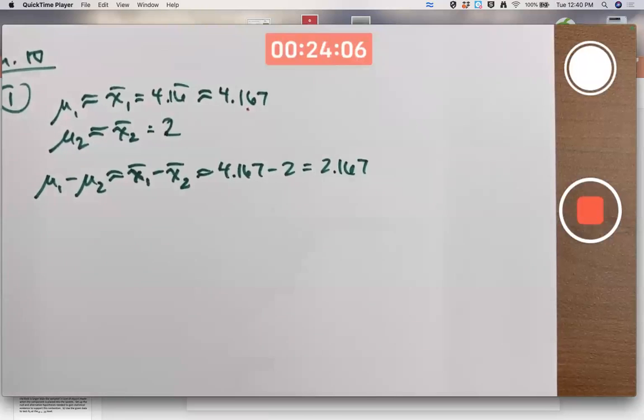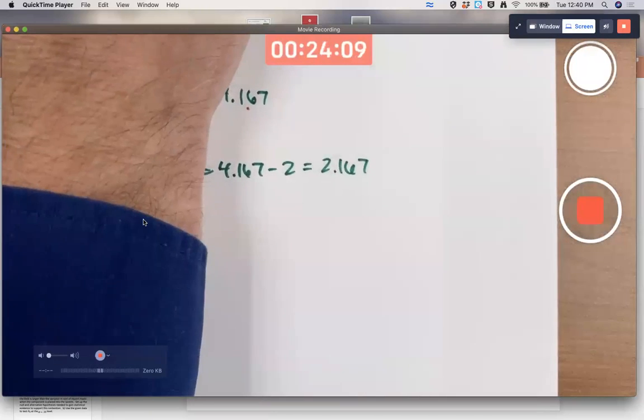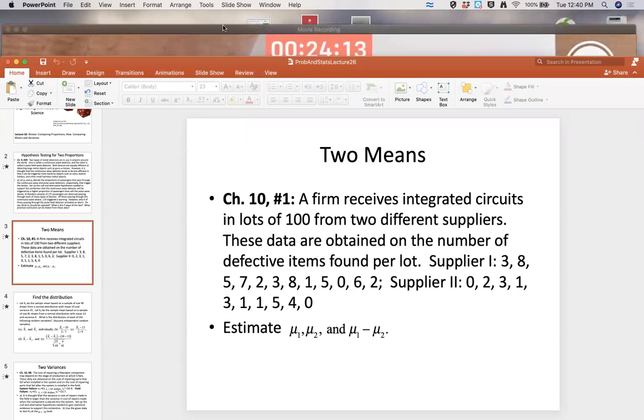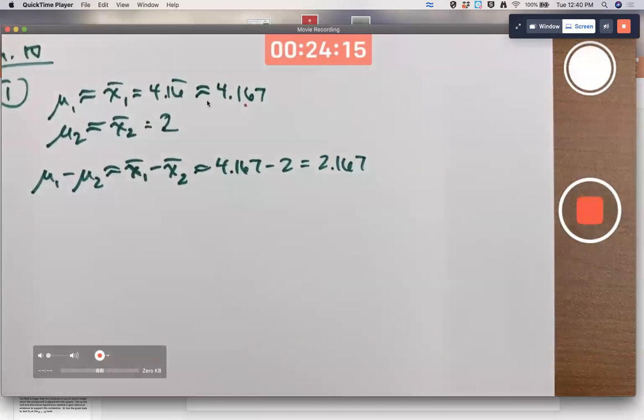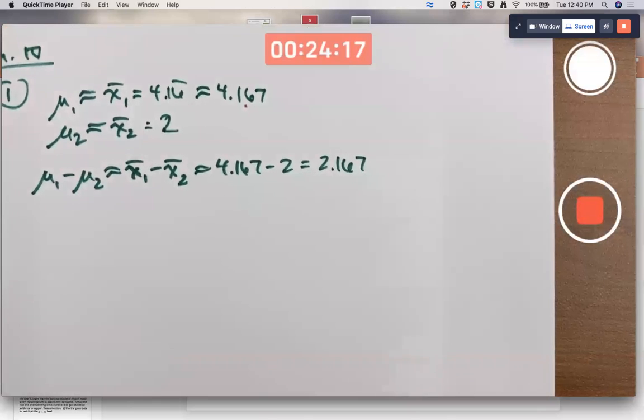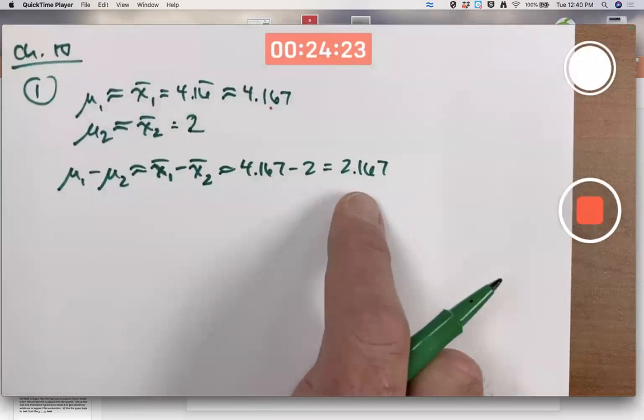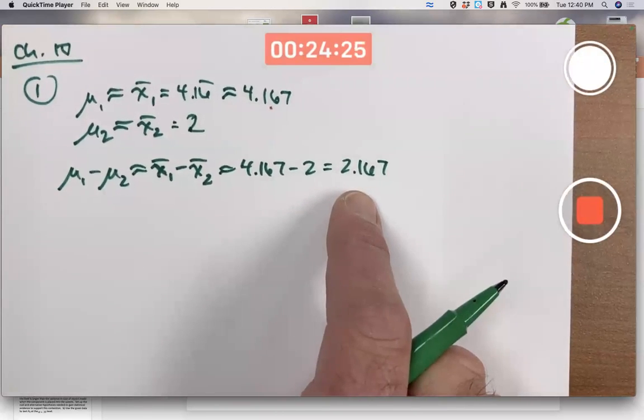I could try to compute a confidence interval. That's not asked for in this problem. A confidence interval for mu1 minus mu2. And if that confidence interval, for a high enough confidence, did not contain 0, in other words, if it only contained positive numbers, you might say that's some pretty strong evidence that mu1 is bigger than mu2.